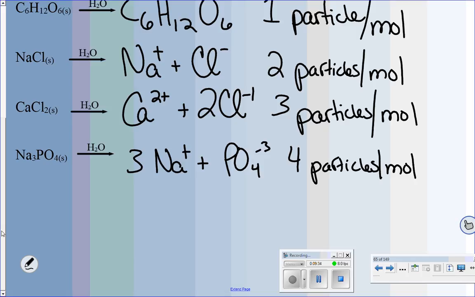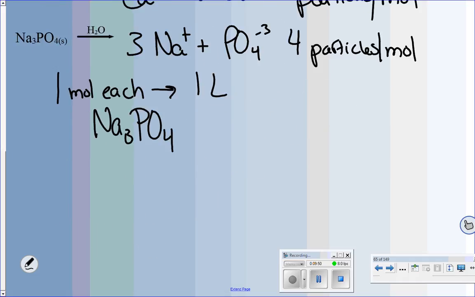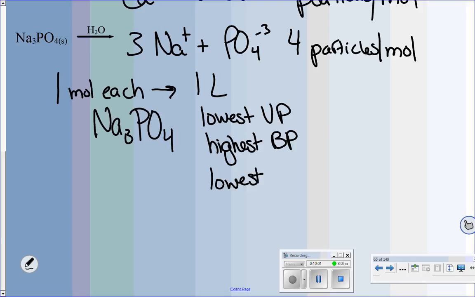So what's important to understand is if we had 1 mole of each of these, so if we took 1 mole of each of those substances and put them into a liter of water, Na3PO4 would have the lowest vapor pressure, highest boiling point, and lowest freezing point, due to the most particles present.